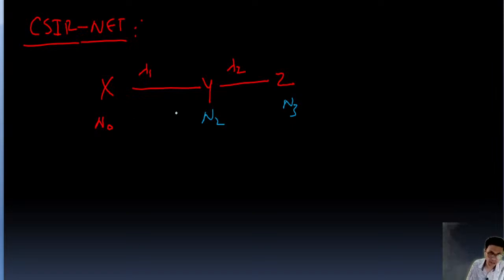So this is the decay equation: X decays into Y, Y decays into Z. What we need to find is the number of nuclei of Z at time t.